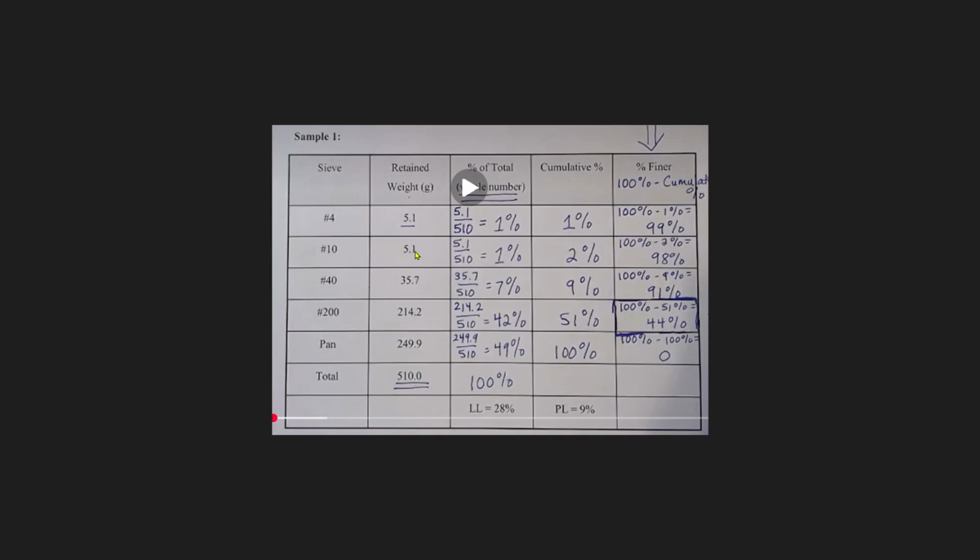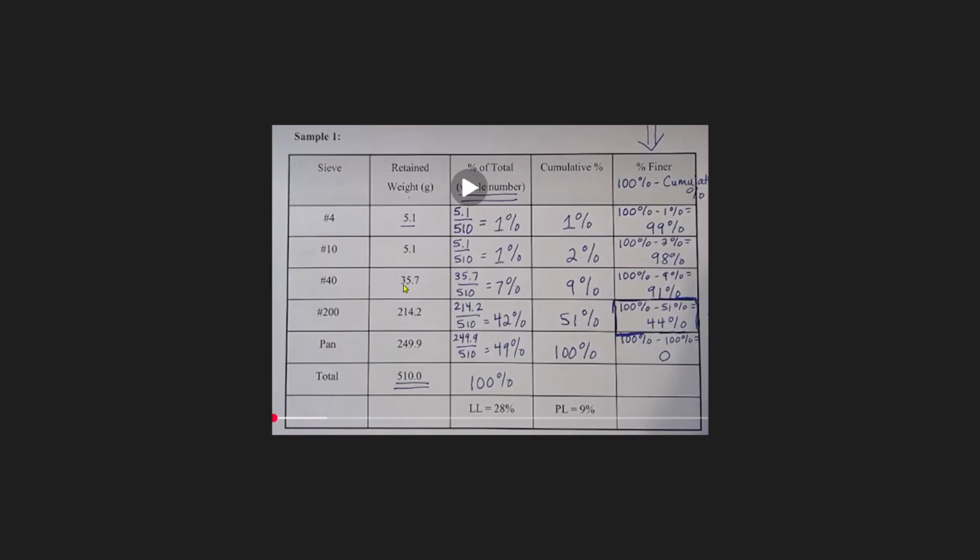However, when we get to 5.1 retained weight, and then we divide it by 510 to get the percentage, we have to arrive at a cumulative percentage. So that's going to be 1 plus 1 equals 2%. That's your cumulative percentage. So put your finger right there.